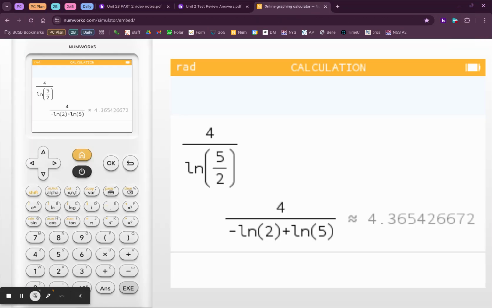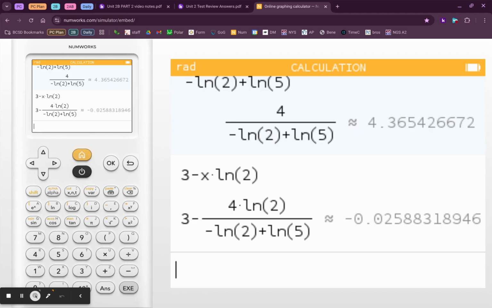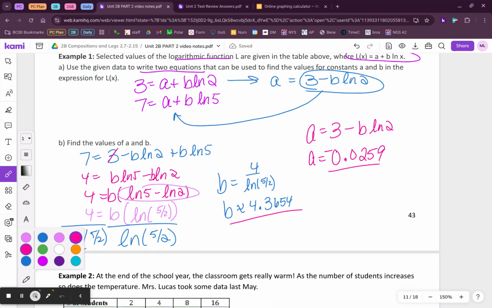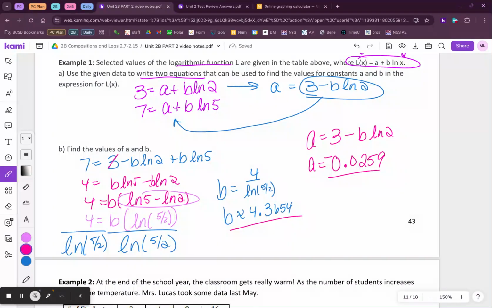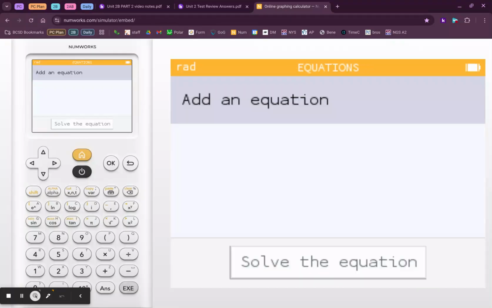So I'm going to just say answer, store that into, call it x. And now if I do 3 minus x ln of 2, I should get what a is. Negative 0.0259. Okay, so you can find a and b. And depending on if you have to show work or not, you could always put your 2 equations in here and ideally have it solve it.